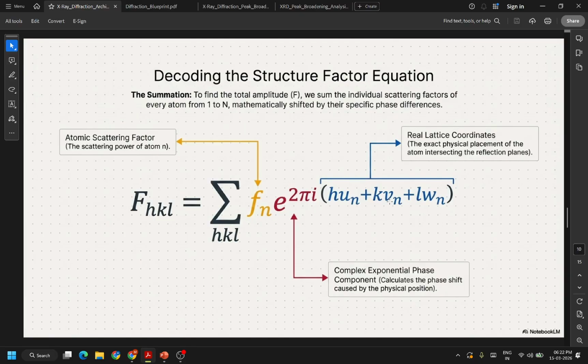So here we use the fractional lattice coordinates hu_n plus kv_n plus lw_n. This tells us the exact physical placement of the atom intersecting in the reflection planes.